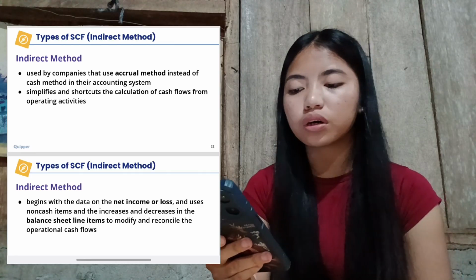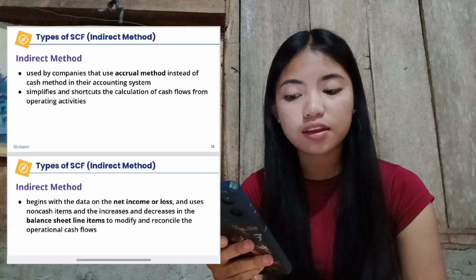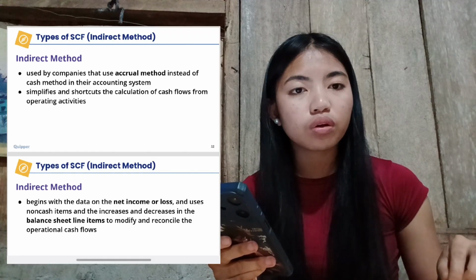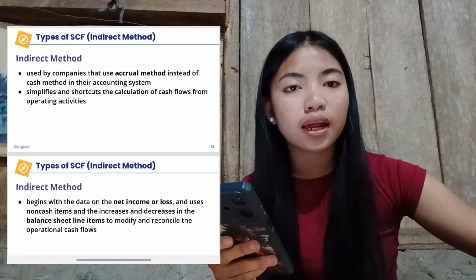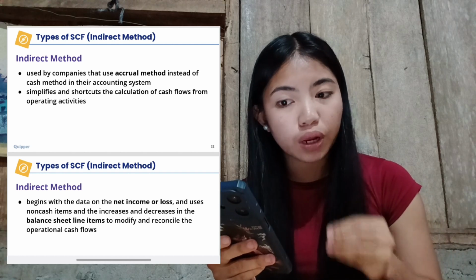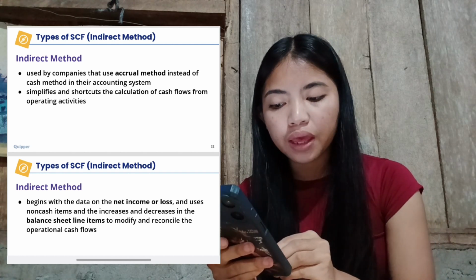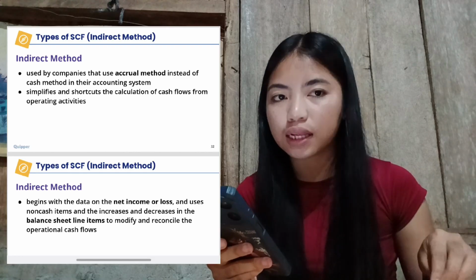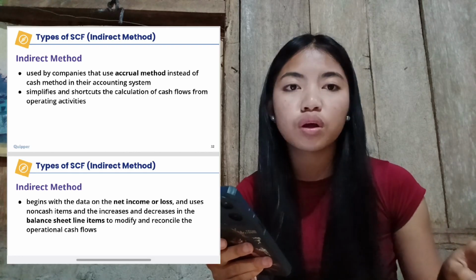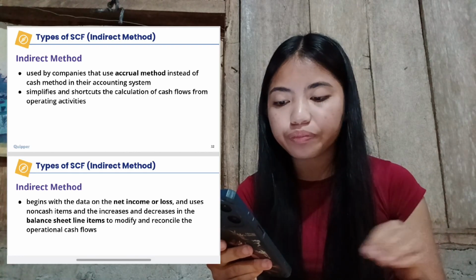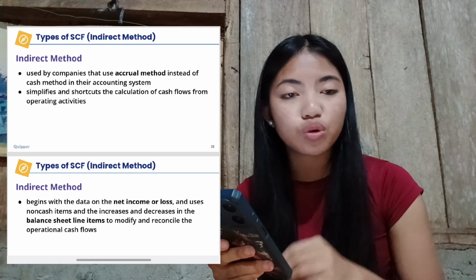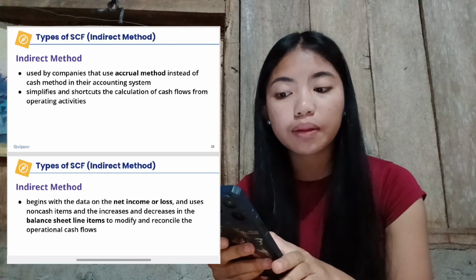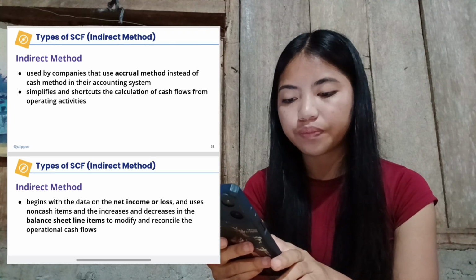So, ang indirect method is shortcut na ni siya sa calculation of cash flows. Unlike sa direct method, nga identify pa nimo kung lagi ka ng kwartaha o giasa na nimong kwartaha. Kani siya, nag-start na ni siya with the data on the net income or total income sa inyong transactions. Dili na kay tagsa-tagsa pa. So, simplifies and shortcuts na ni siya sa pag-prepare sa statement of cash flows.